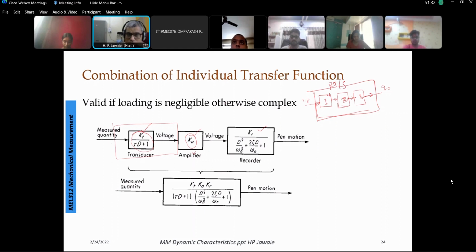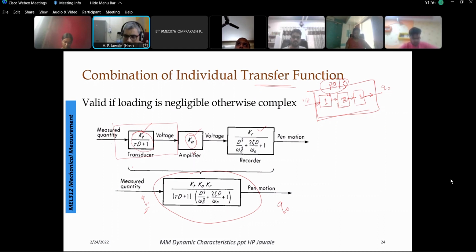So the total transfer function of this measurement system will be represented like this, with a clear input and the output given by the measurement device. It is nothing but a combination, a straightforward multiplication of the transfer functions of stages 1, 2 and 3.